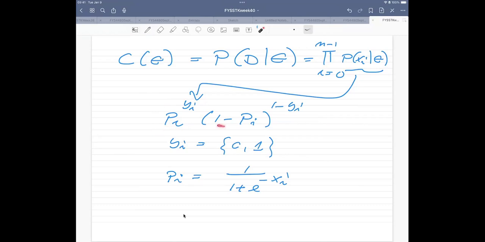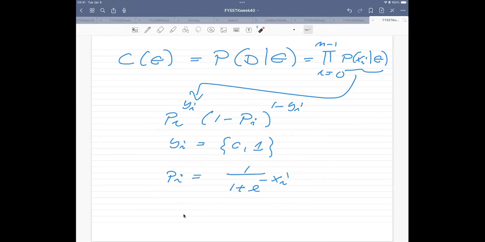And then we have 1 minus P of i as a probability. If y is equal to 1, then this is P of i, which then gives us this expression, and this term here is simply 1. So it's a simple way by which we can bake in the probability of this binary case.